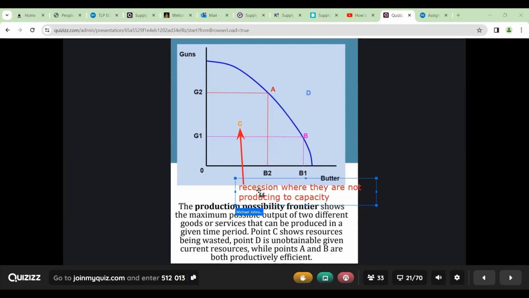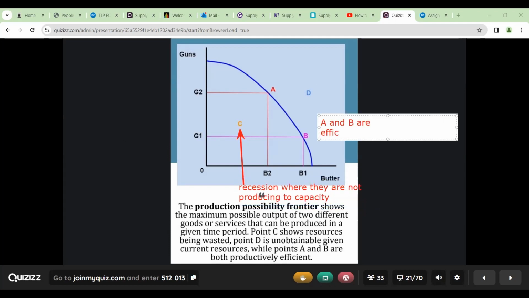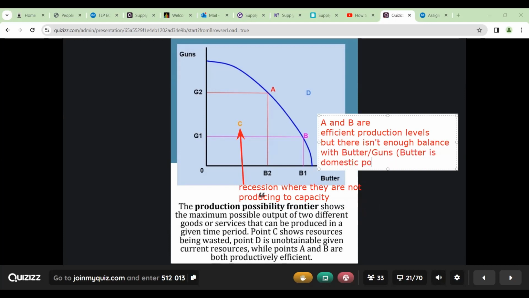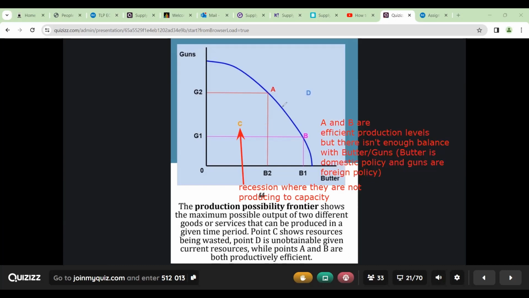And then A and B. So A and B are efficient production levels, but there isn't enough balance with butter slash guns. So butter is domestic policy and guns are foreign policy. So you want to have more of a balance, being here in the middle.